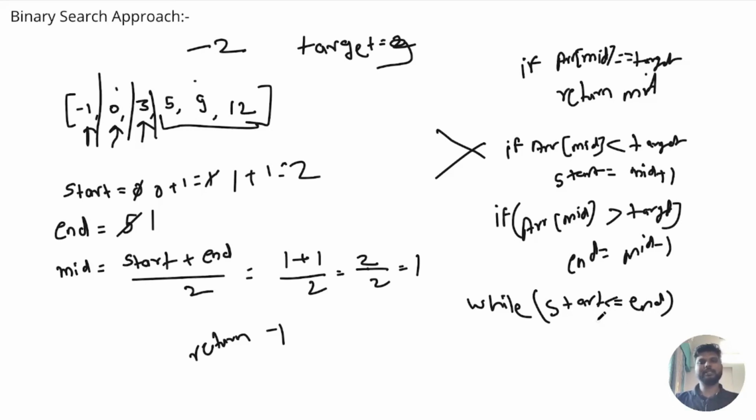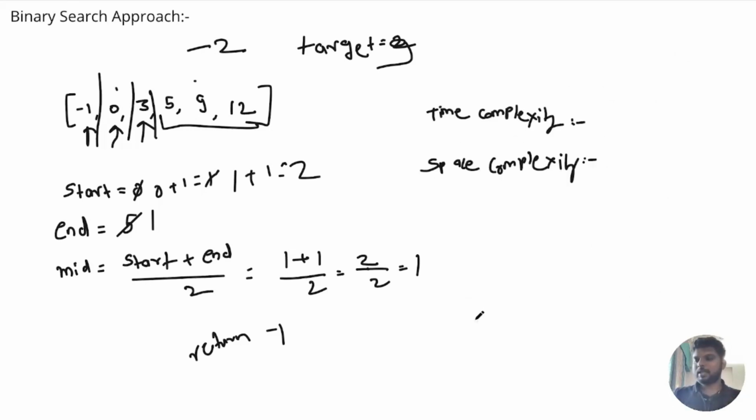Now let's look at the C++ implementation of this. So one last thing to cover before we move on to this implementation is the time complexity and space complexity. So what is the time complexity of this solution? Well, in each of the iterations we are actually discarding half of the array.